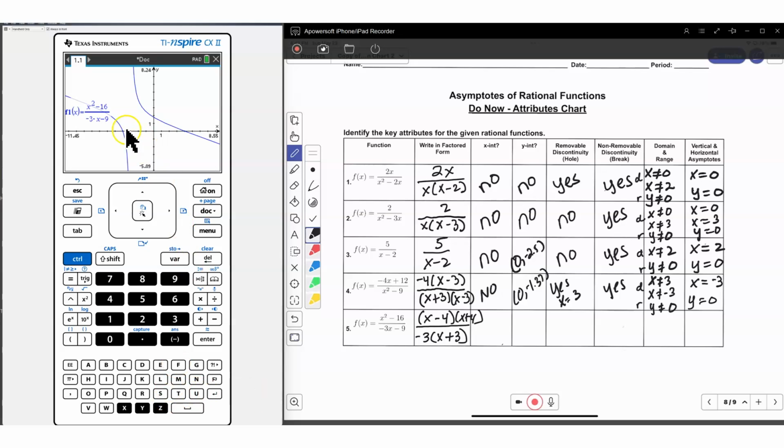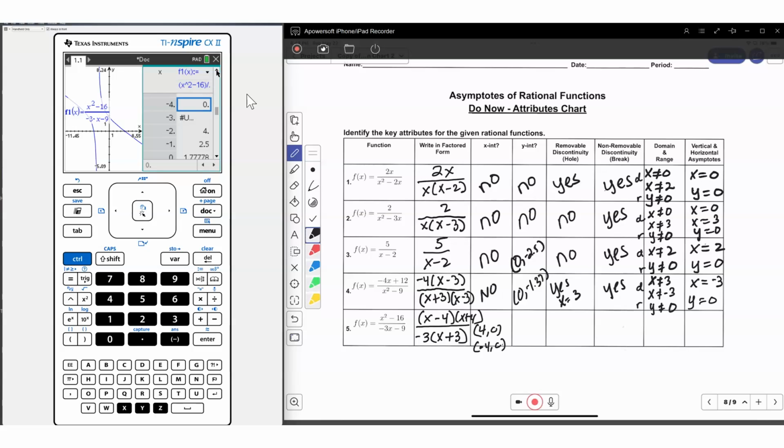Yes, it has an x-intercept. And you can look at the table: 4 and -4. So it occurs at (4, 0) and (-4, 0).